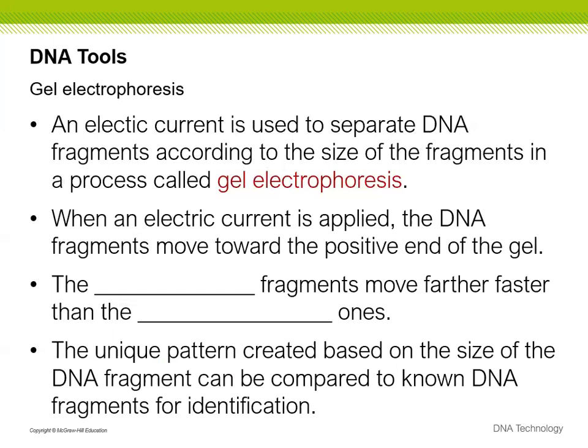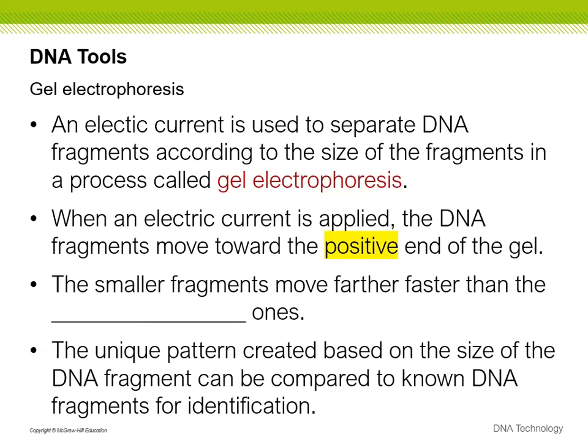If you think about a magnet, right? You have a positive and a negative end. So how does this organize it? Well, the smaller fragments are going to move faster than the larger ones.